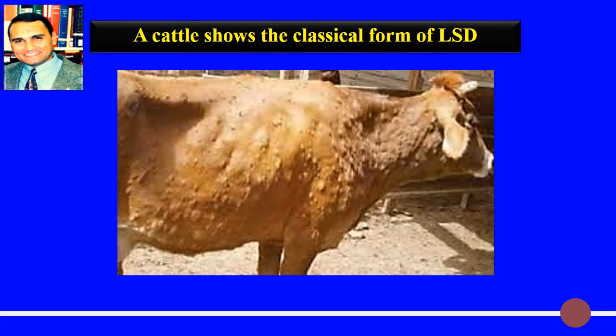So, knowing the cause, isolation of the virus, and sequencing of the virus give us an idea about the origin of the disease, the cause of the disease. This helps the veterinary authority in controlling this disease.